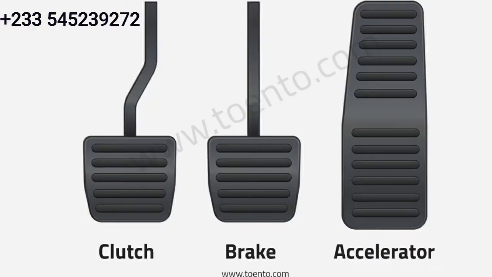So I'll start from my left hand side to the right hand side. On my left hand side, the first pedal that we have is the clutch. The second pedal we have is the brake, and the last pedal that we have is the accelerator.